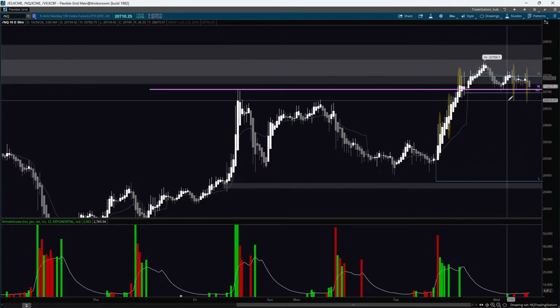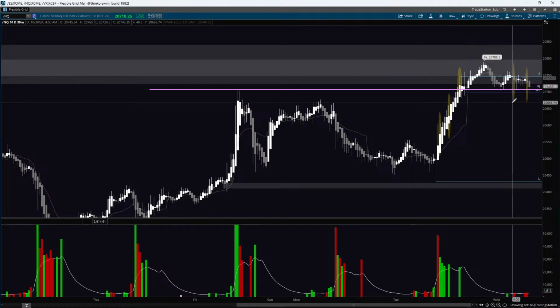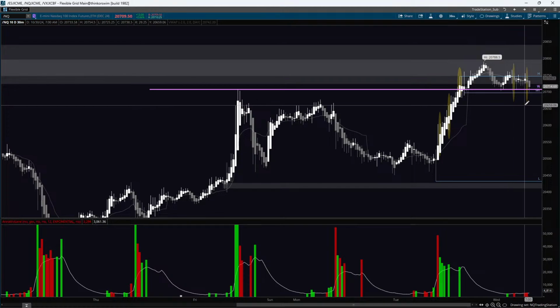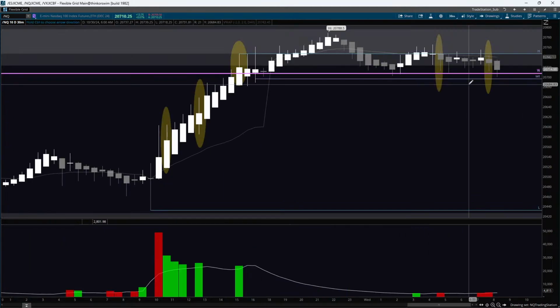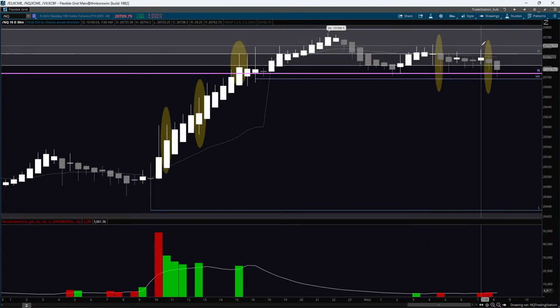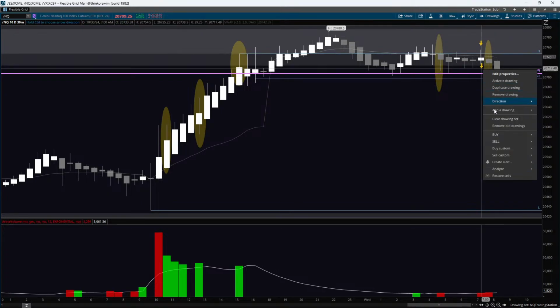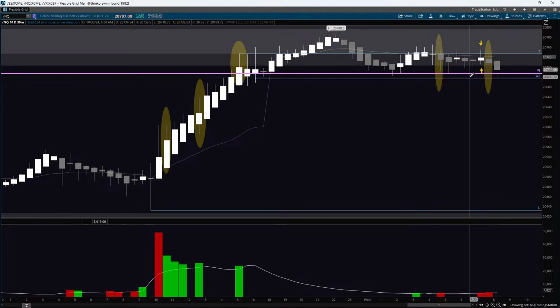All right, so nothing here matches. Got this one here. I wonder why I circled that one and not this one, because of the volume height.